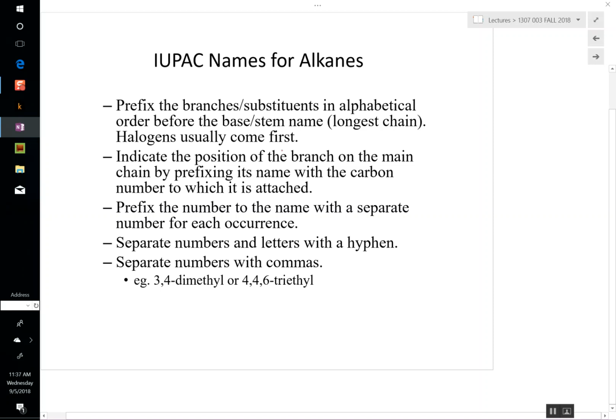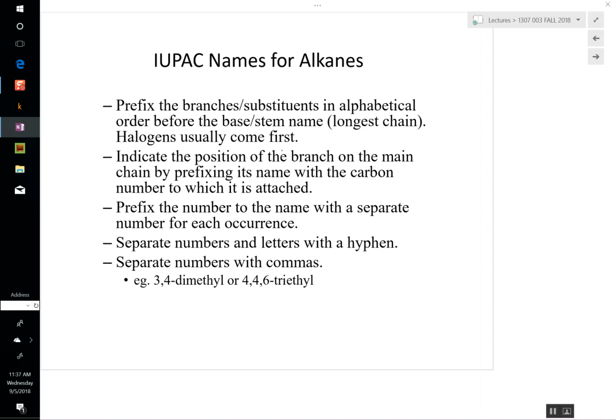So if there were 2 methyl groups, then it'd be 3, 4 dimethyl. Or 4, 4, 6 dash triethyl. If you see a di, there should be 2 numbers. If you see a tri, there should be 3 numbers.